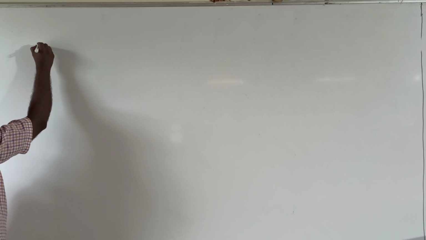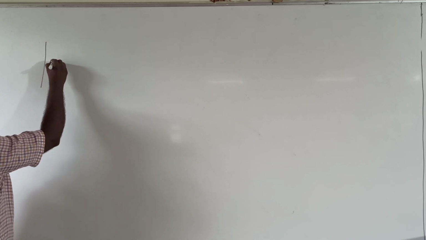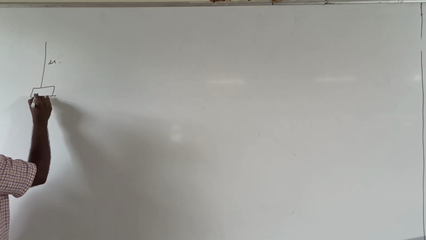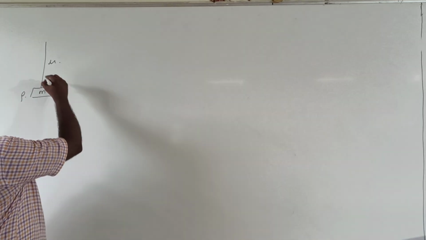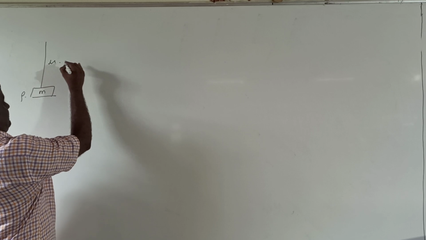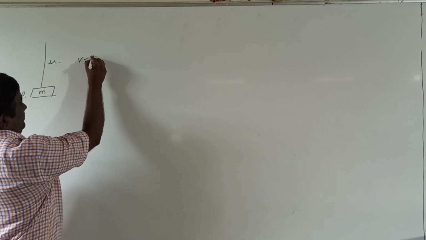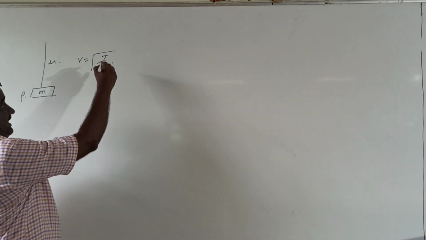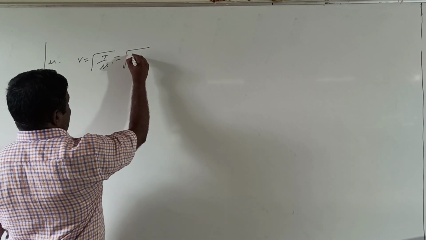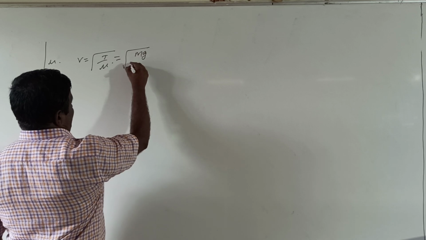A string of linear density mu is considered, and to the string a body of mass m and density rho is attached. Then the velocity of the transverse wave in the string is v equal to root over T by mu, so v equal to root over mg by mu.